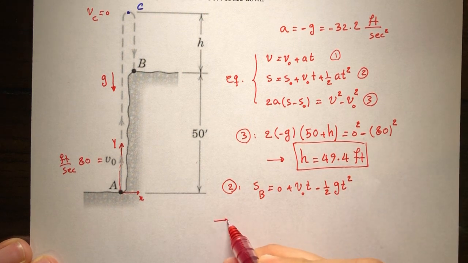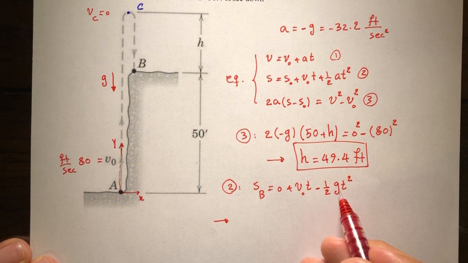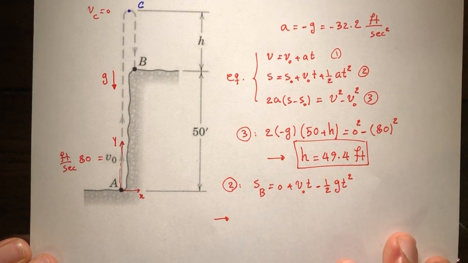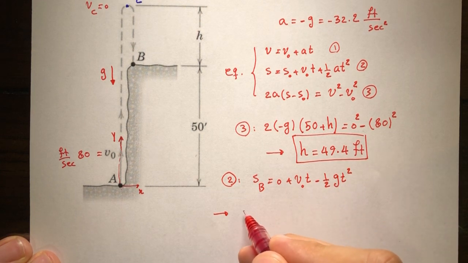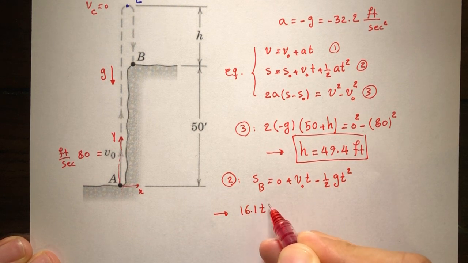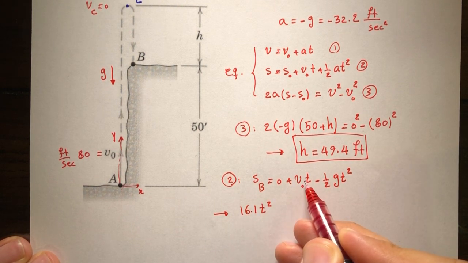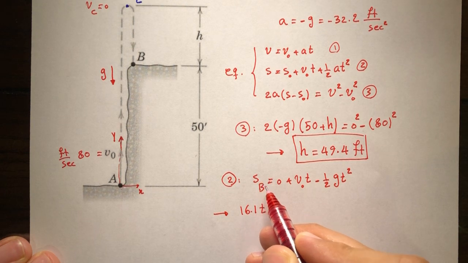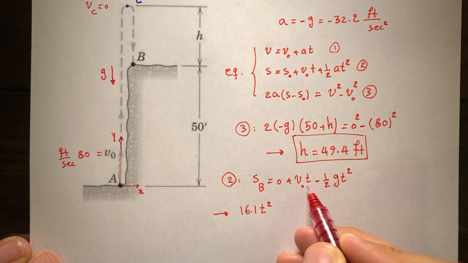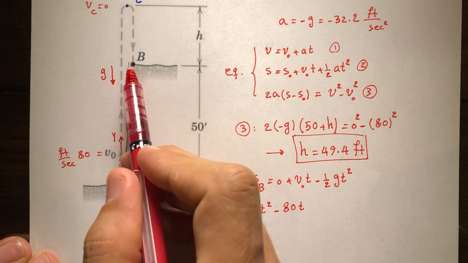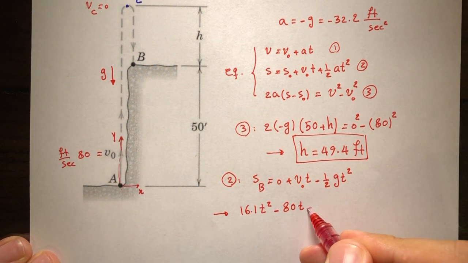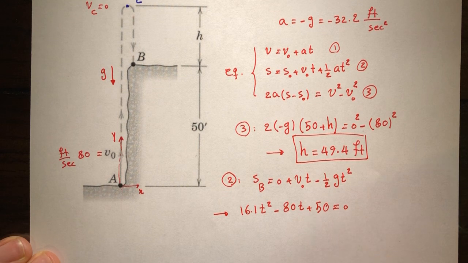And if I put the numbers and also bring everything to one side of the equation, I have 1/2 of g times t squared, which is 16.1 times t squared. If I take this to the left side of the equation, I'm going to have negative v0 times t, and v0 is 80. And s of b, the location of b in this coordinate, is 50. So plus 50 is equal to 0.